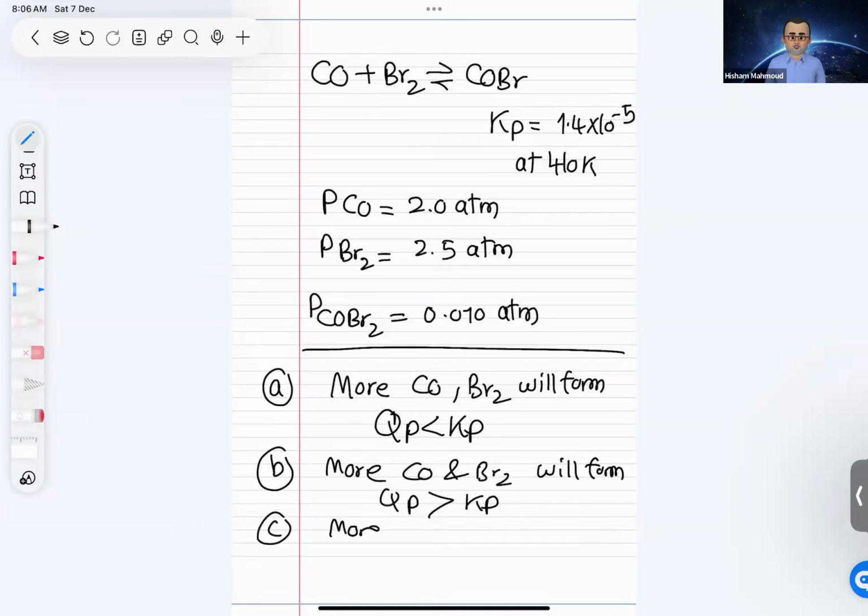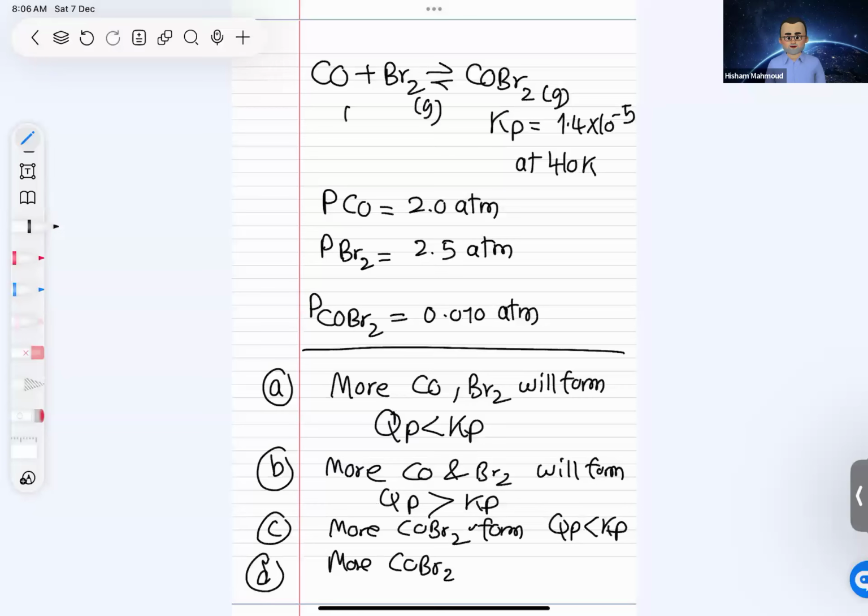Or is it that more COBr2 is going to form because QP is less than KP? Which one do you think is going to happen?